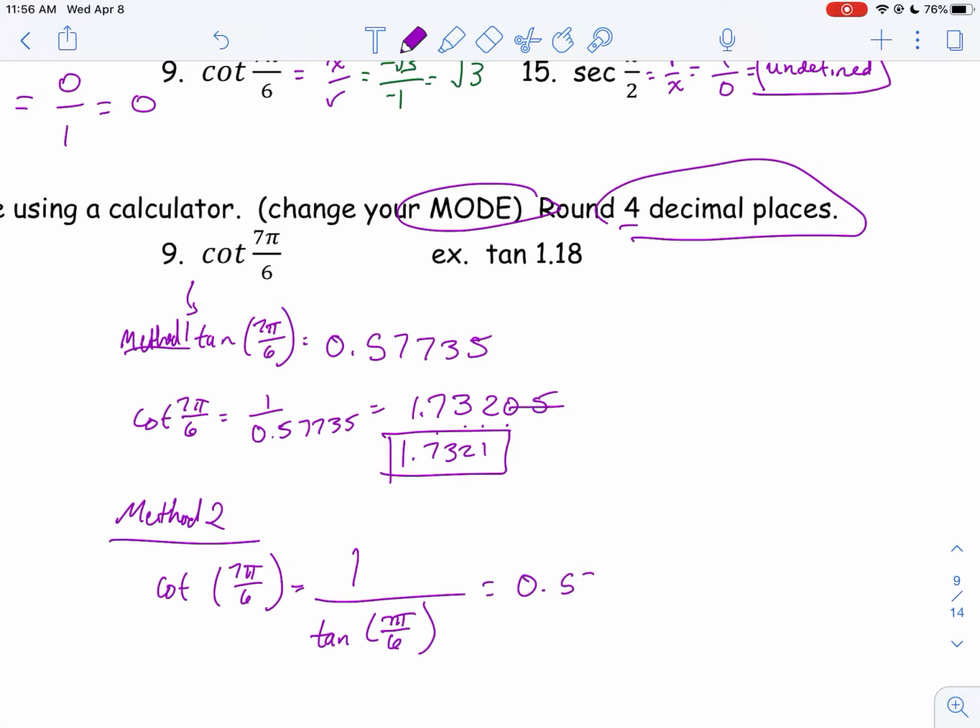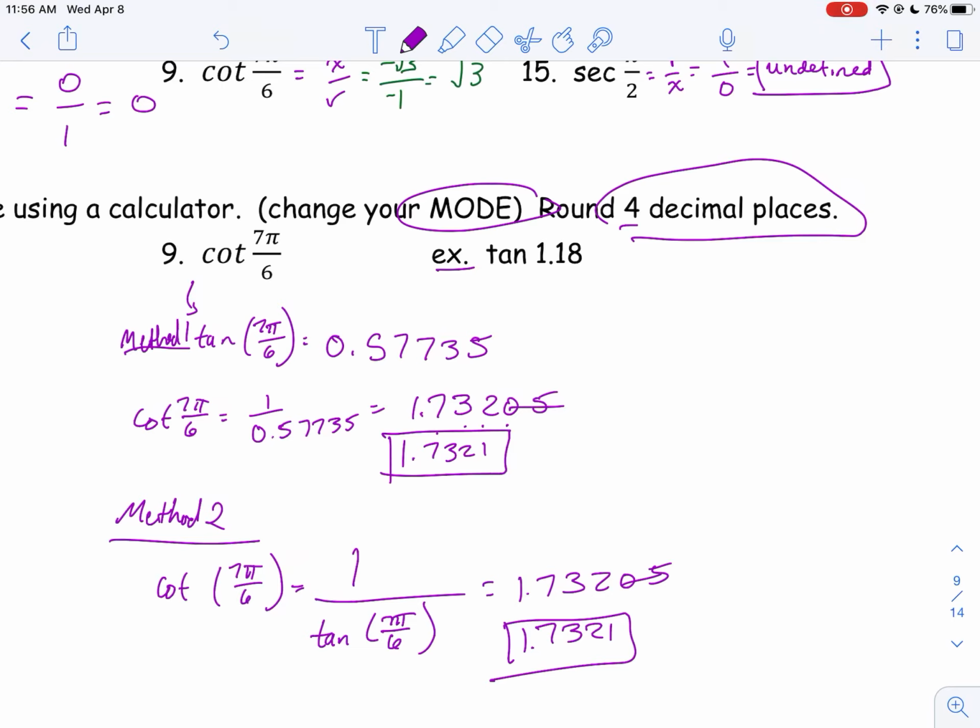And so if I type that in directly, I get 1.73205. And so we could see 4 decimal places. I'm going to replace that with a 1, and I get 1.7321. Same thing. So no big deal either way.